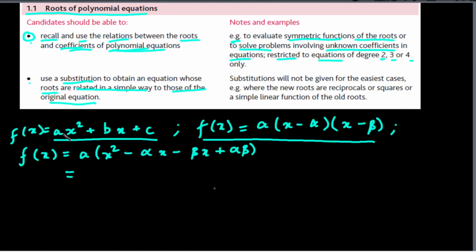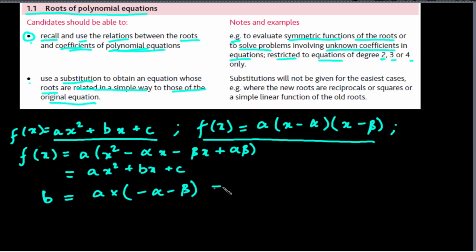This is also equal to ax squared plus bx plus c, equating the coefficients. Coefficient of x squared is just the same here, so ax squared, cool. Now the b value here, so b from this equation tells us that b equals, well, we have this part over here, and we have a on the outside that we're multiplying with it. So b equals a times negative alpha minus beta, right?